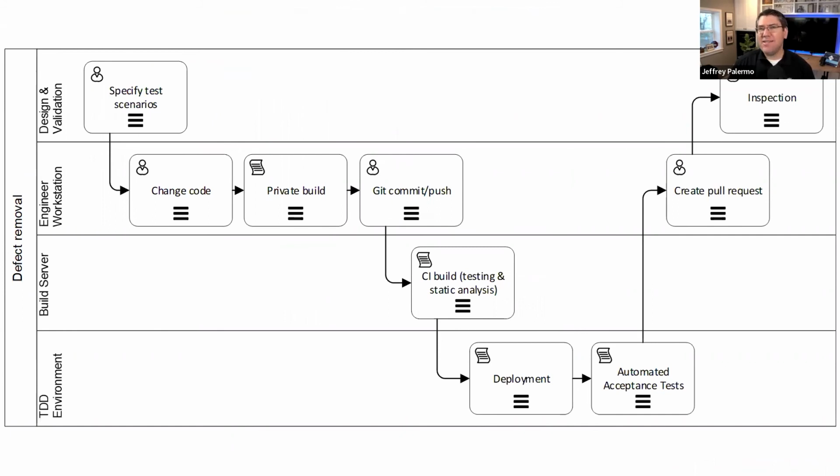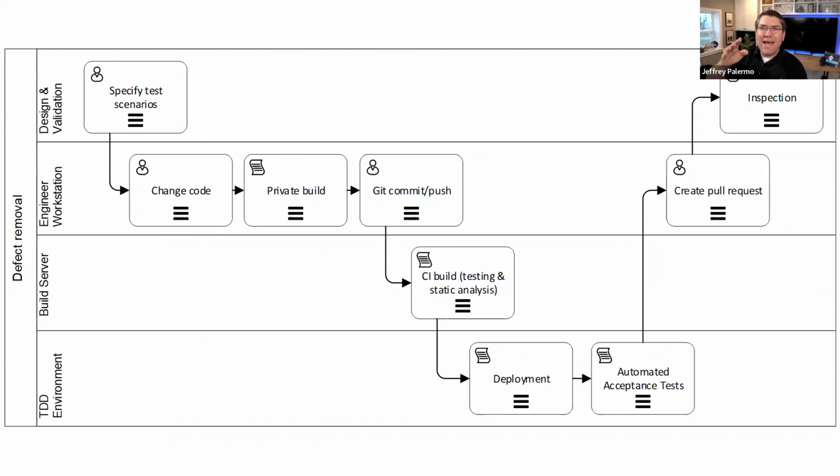And even if it hasn't happened yet, if we can reason through and say that we are unreasonably vulnerable to a particular threat, well, we can classify that as a defect and make sure that it gets fixed. But you can see the pull request process goes all the way through the CI build from the engineer workstation, and then to our first deployed environment so that we can run full system acceptance tests.